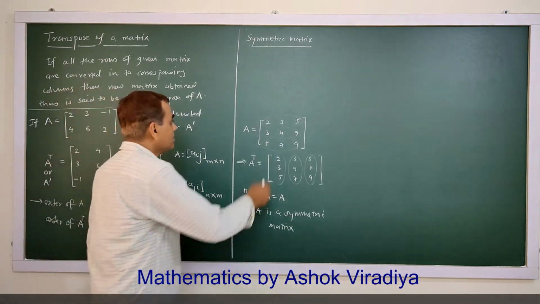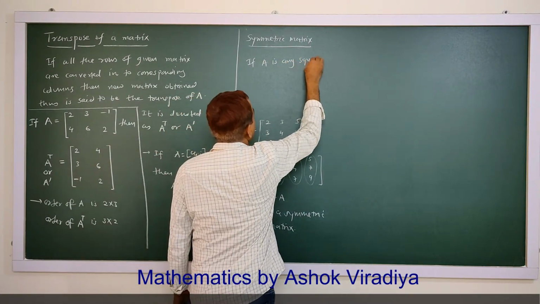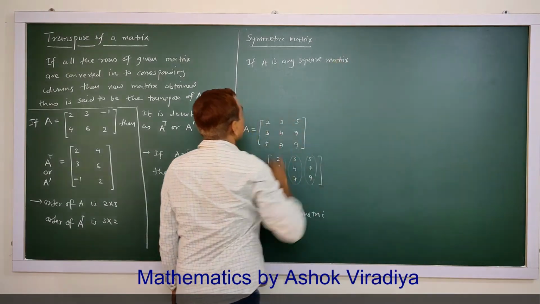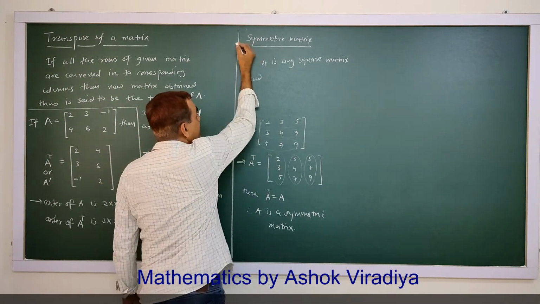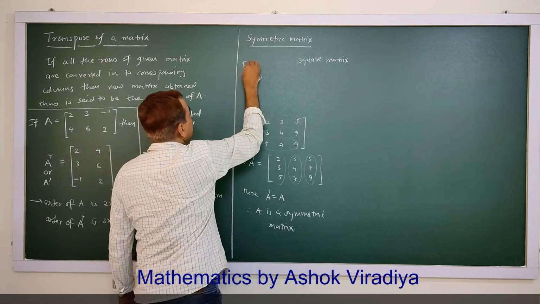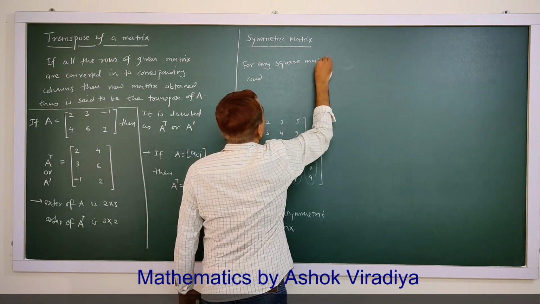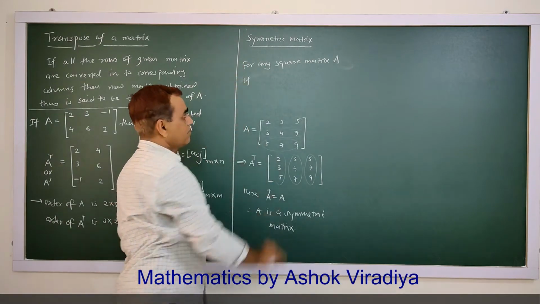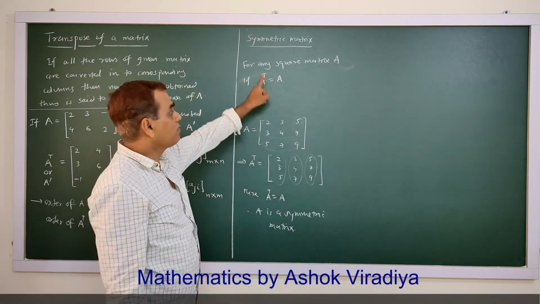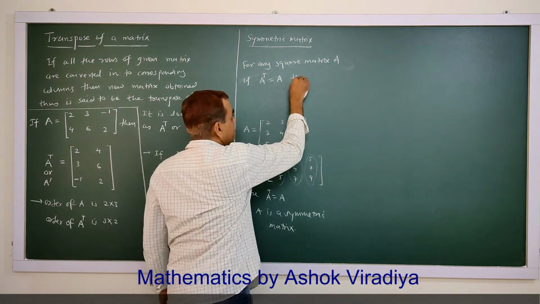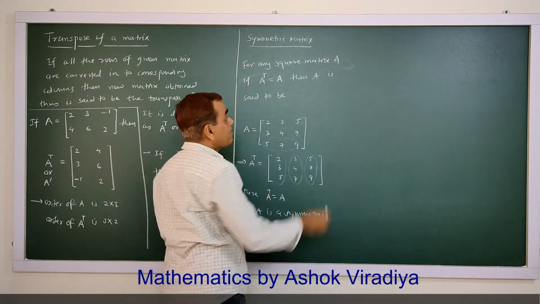So the definition is: for any square matrix A, if the transpose of A is equal to A, the transpose of the given matrix is the matrix itself, then matrix A is said to be a symmetric matrix.